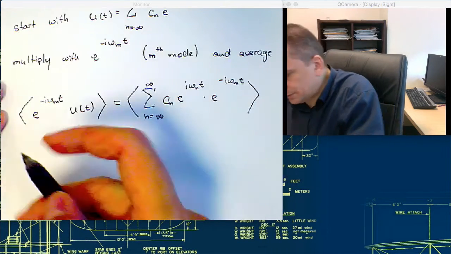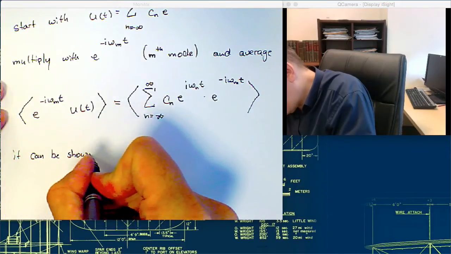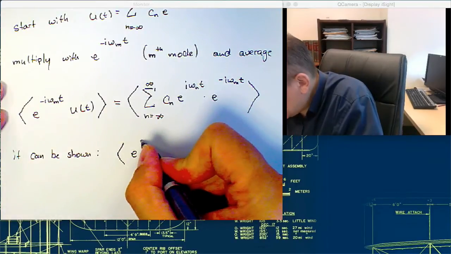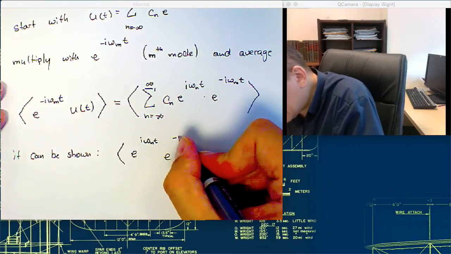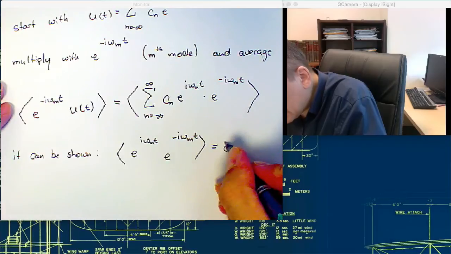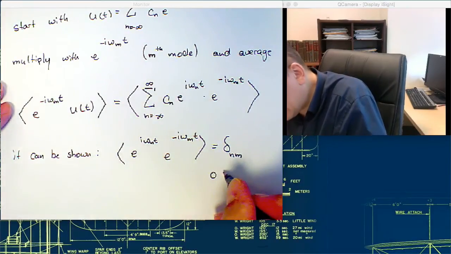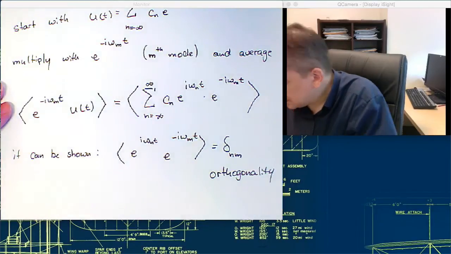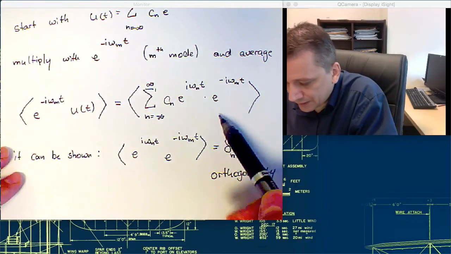Alright, so it can be shown that e to the power i omega n t times e to the minus i omega m t, average, is the Kronecker symbol nm because of orthogonality. So I can plug now the Kronecker delta nm over here.